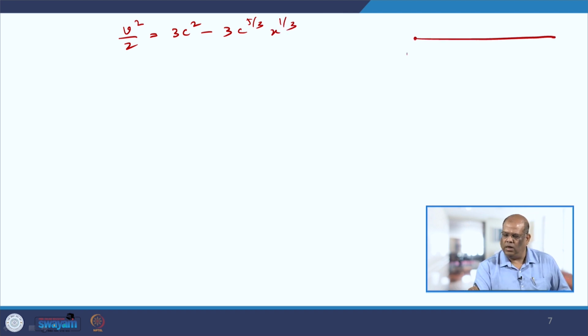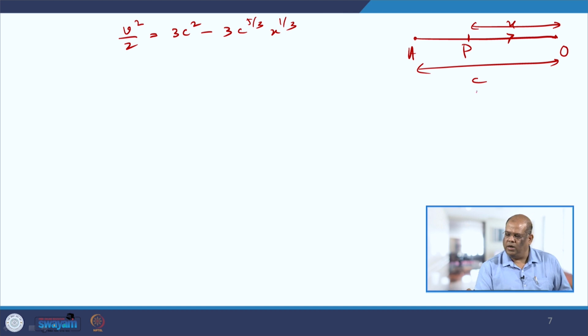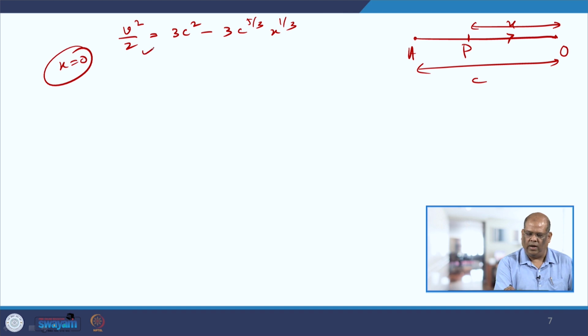Now, if you ask the question what will be the velocity of the particle at the origin, this distance is c, this distance is x. So, at the origin the value of x is 0. So, if you put x equal to 0 in this particular expression, you get v square by 2 equal to 3 c square.